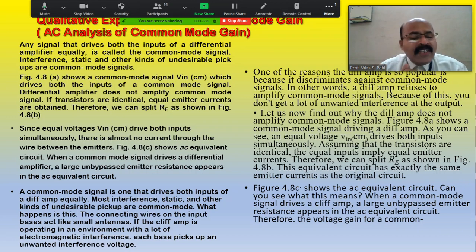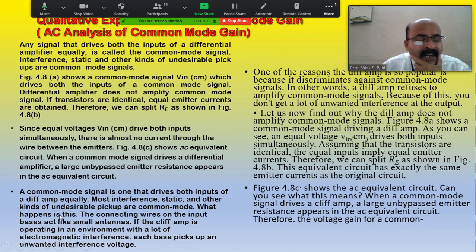That shows the AC equivalent circuit, and when the common mode signal drives the differential amplifier, a large unbypassed emitter resistance appears in the AC equivalent circuit. A common mode signal is one that drives both inputs of the differential amplifier equally, and most interference, static and other kinds of undesirable pickup are common mode.